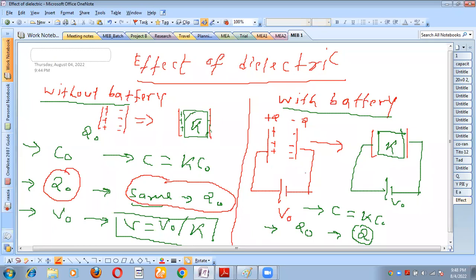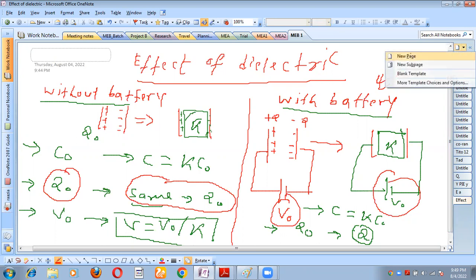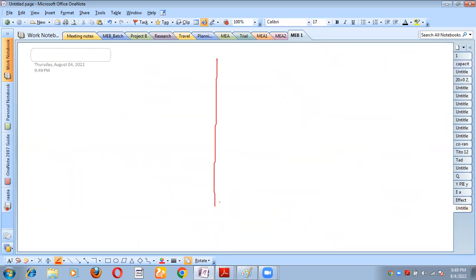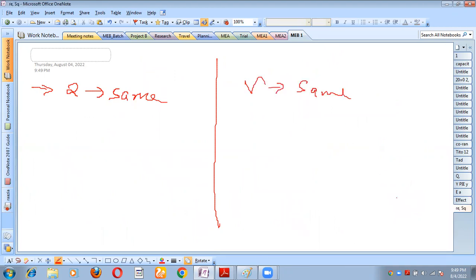But when you are inserting with the battery, the potential remains the same, since the battery is connected. This is very important. In the first case, charge will remain the same, and when the battery is connected, potential will remain the same.